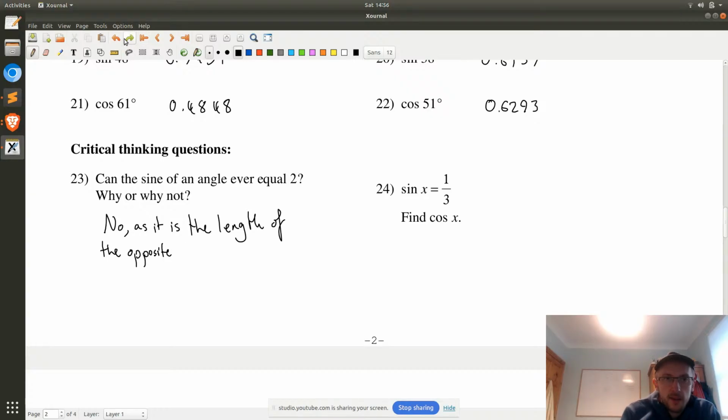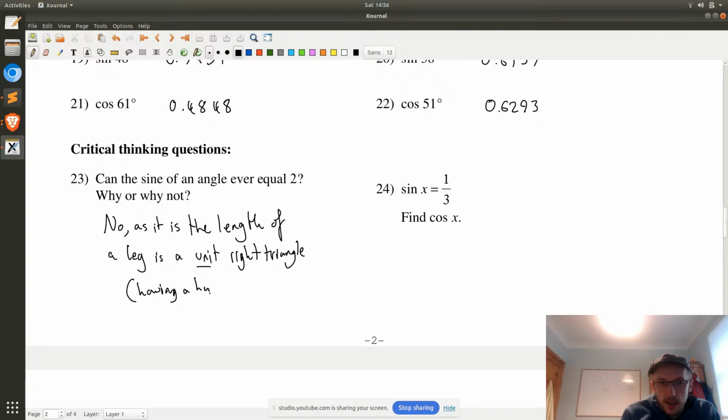It is the length of, let's be clear here, a leg in a right triangle having a hypotenuse, the longest side, of 1.